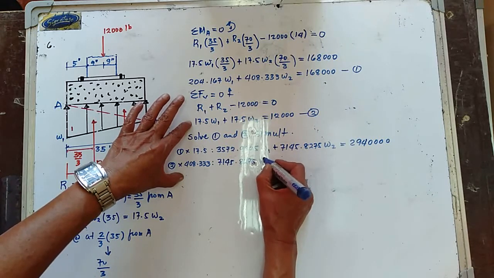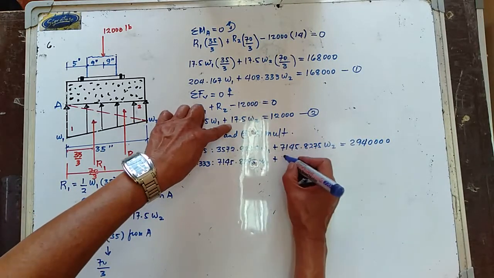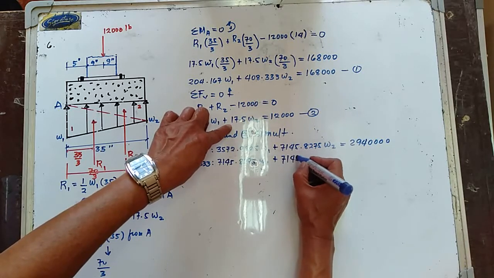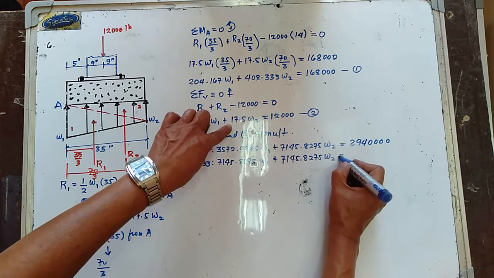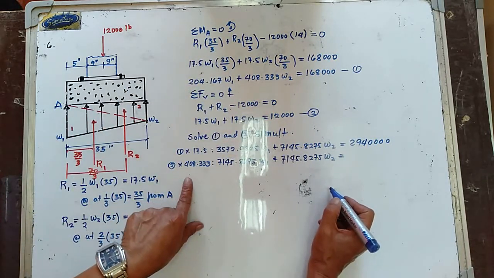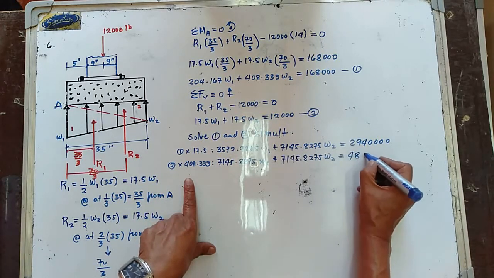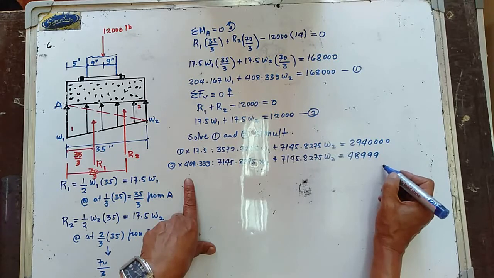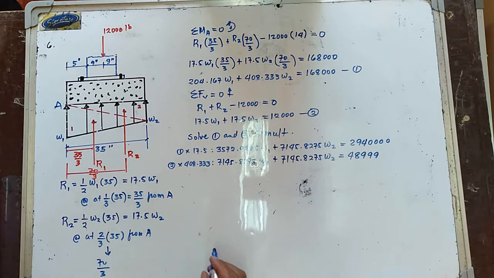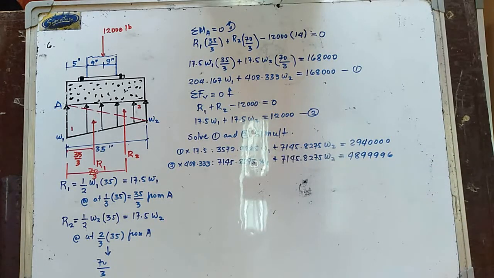So this is your equation 2: 7145.8275 W1 plus 408.333 by 17.5, 7145.8275 W2, is equal to 12,000 by this one, so we have 4,899,996.